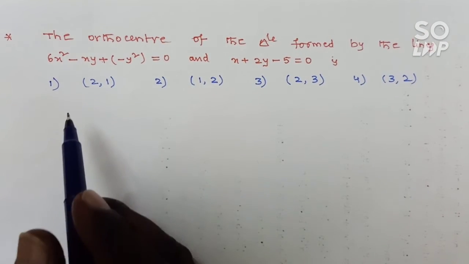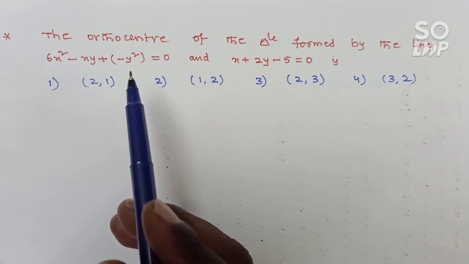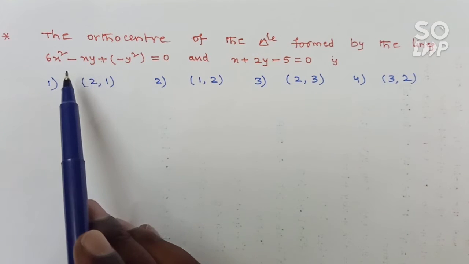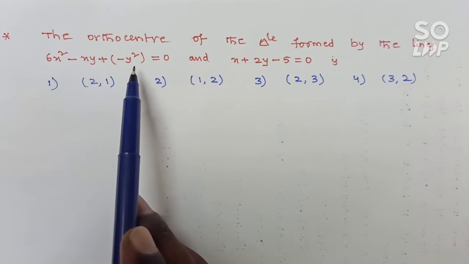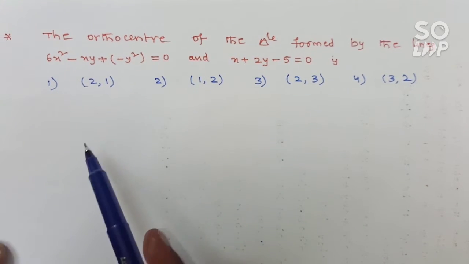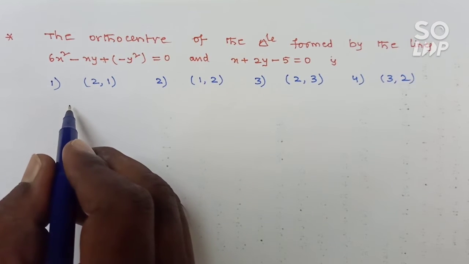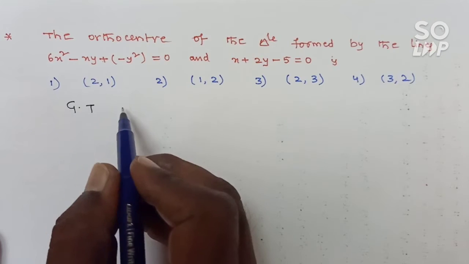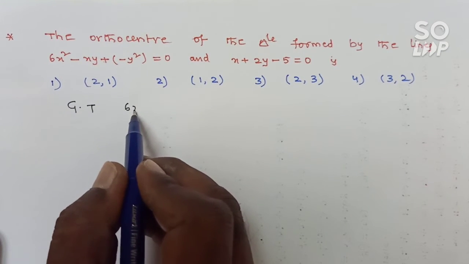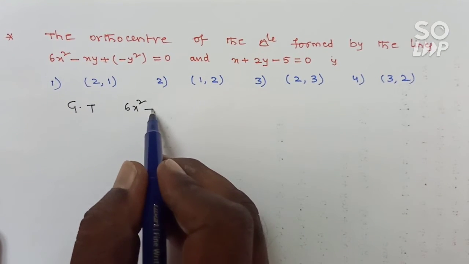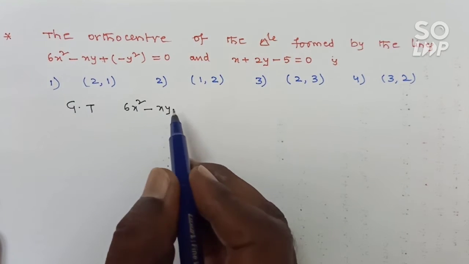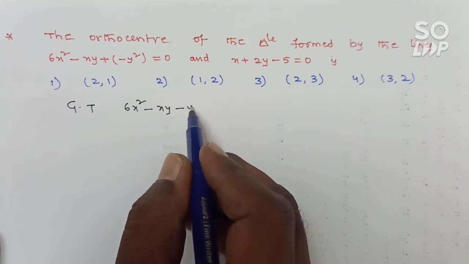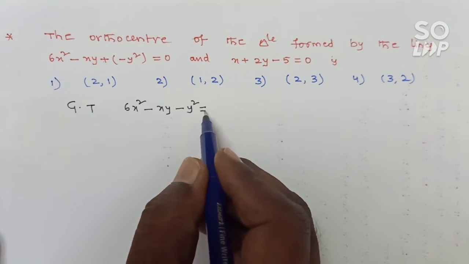Okay. In this problem you have to find the orthocenter of the triangle formed by this pair of lines and this line. The given first homogeneous equation is 6x² − xy − y² = 0.